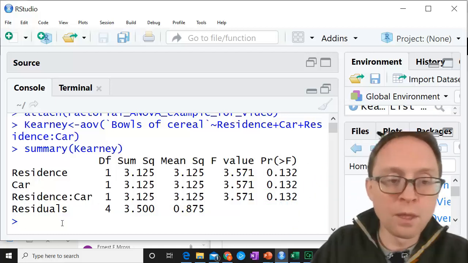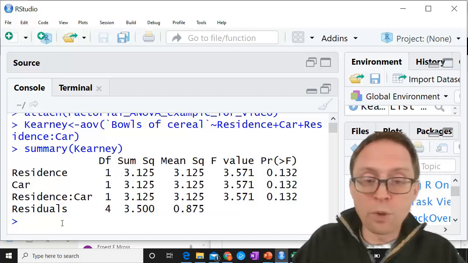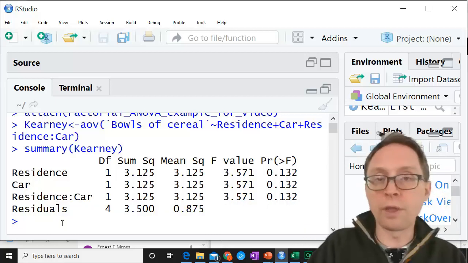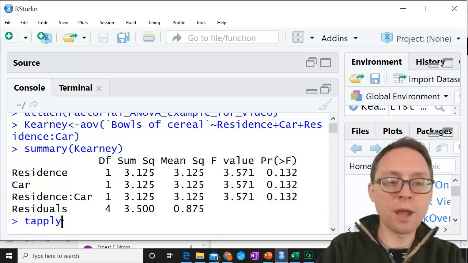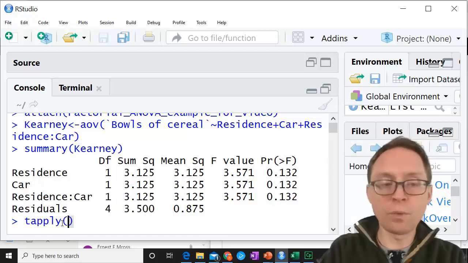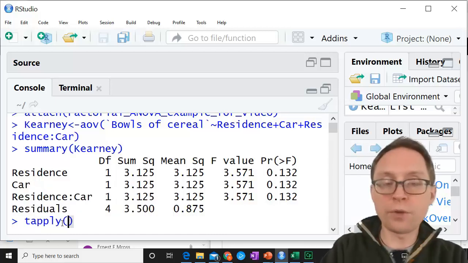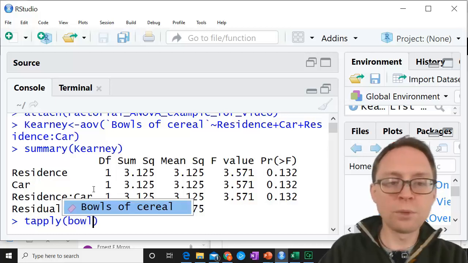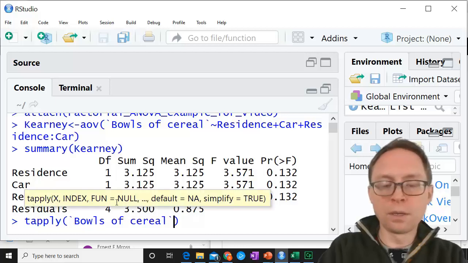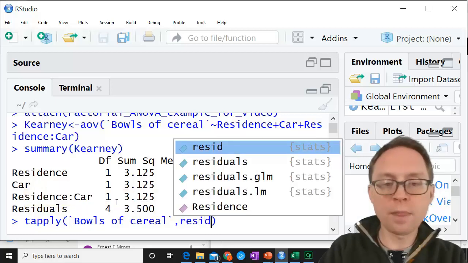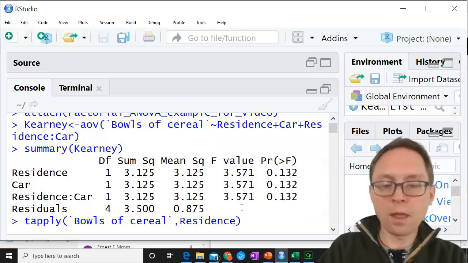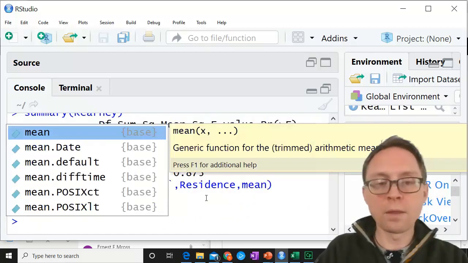Once again, if you didn't happen to know what the means are, then you would have to go in there and tell it to tell you what the means are. The way you would do this is by looking at the apply. This is the same way we did it for the one-way ANOVA. We'll start with the interaction terms. So bowls of cereal, and I want it separated by residence, and I want the mean.